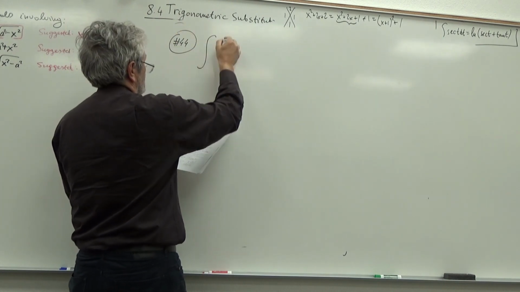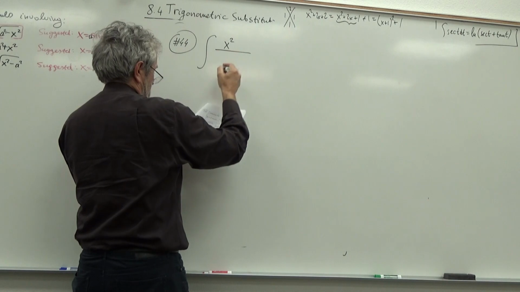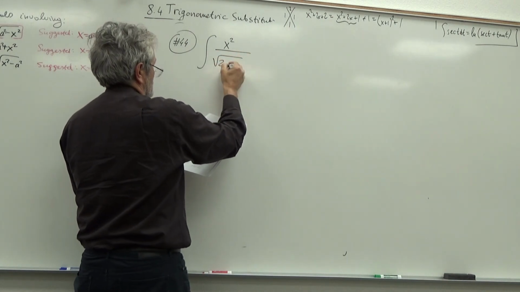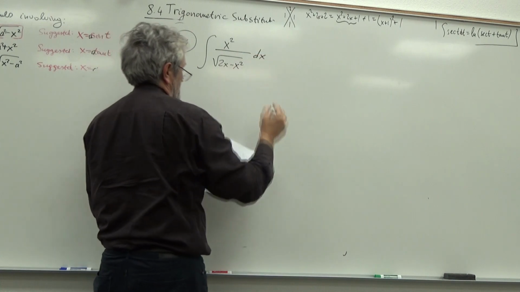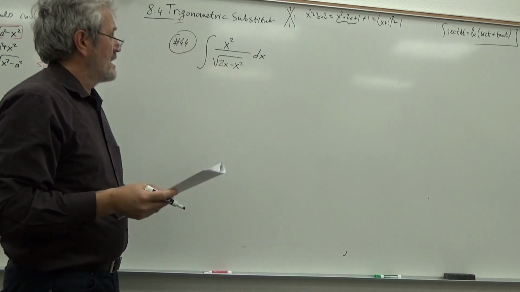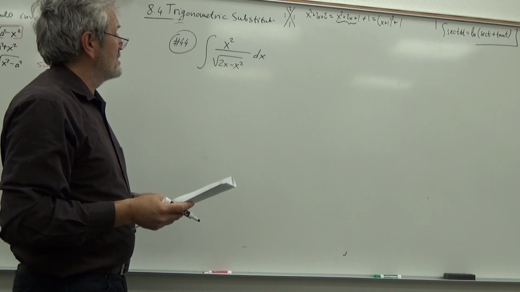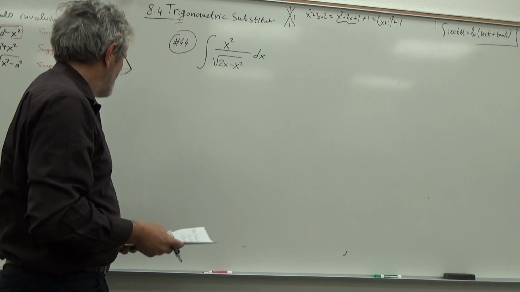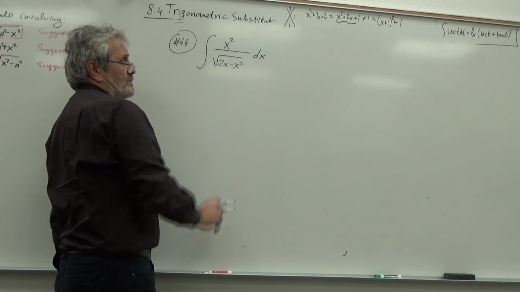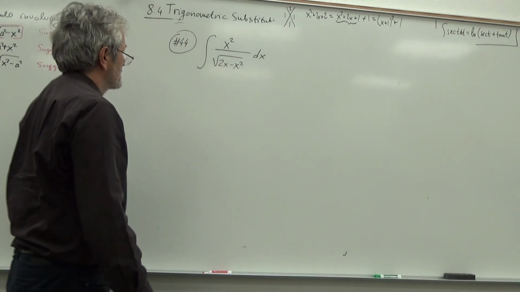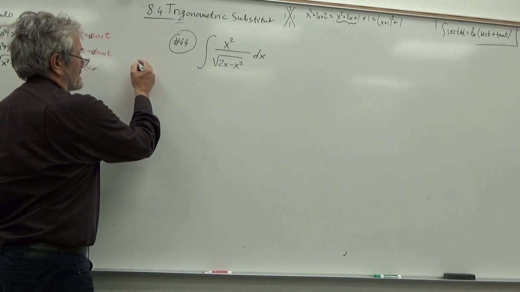An integral between x squared and square root of 2x minus x squared dx. It's the same story from a minute ago. We need to complete the square. Be careful here, completing the square is a little more complicated.